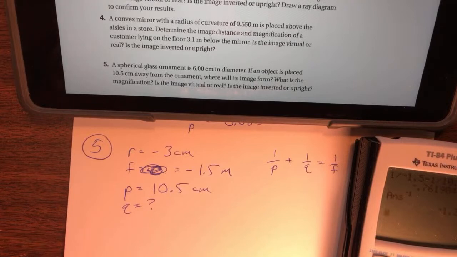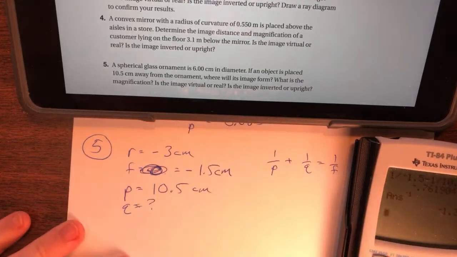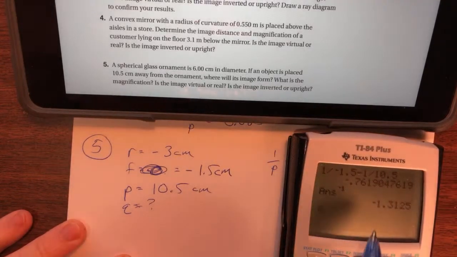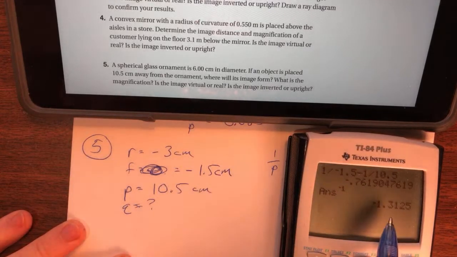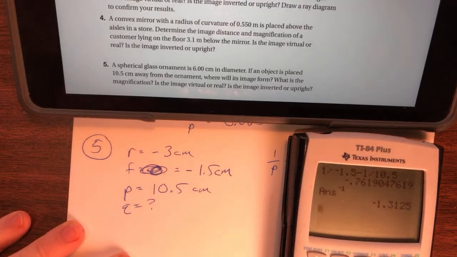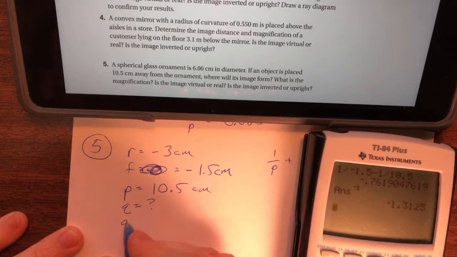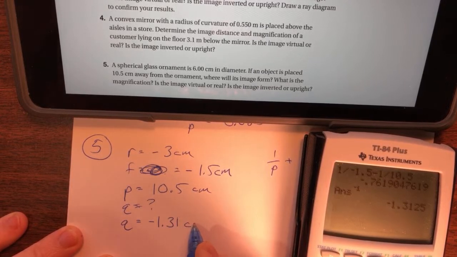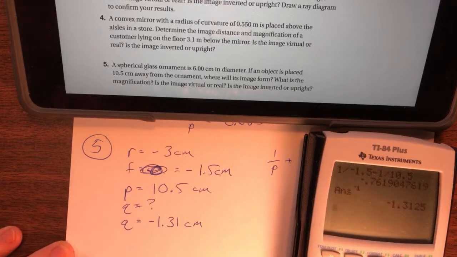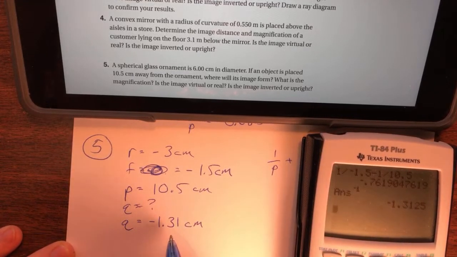This is centimeters. Units are centimeters. As long as that is less than this 1.5, then we're good. The absolute value of this must be less than that. And so we're good. So Q is a negative 1.31 centimeters. And so it's very far into the ornament itself.